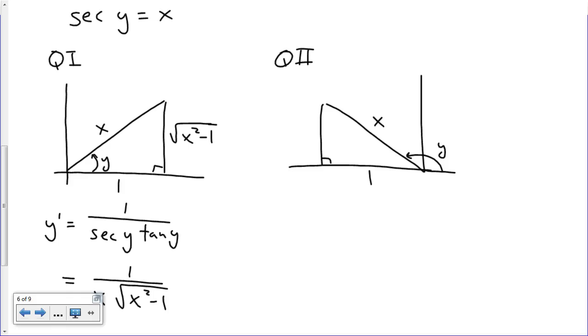The problem that I have in this case is that this triangle is in the second quadrant. So the horizontal component of this triangle, this horizontal leg, is actually equal to a negative value. So I can't use 1 on the horizontal leg. 1 is not a negative number. So I have to make it a negative 1, which of course if I make that negative, then I can't just use x over negative 1 to get x.